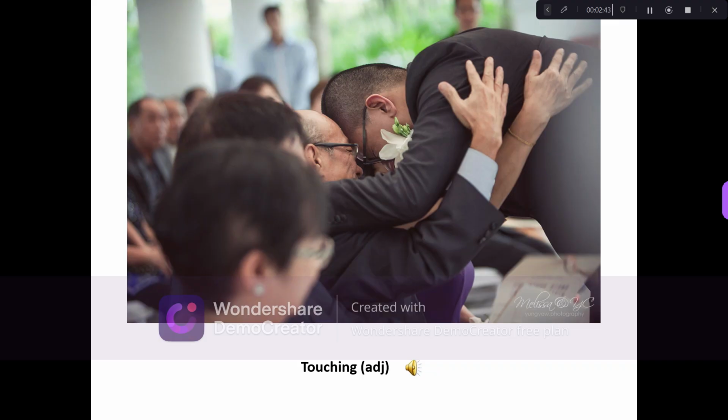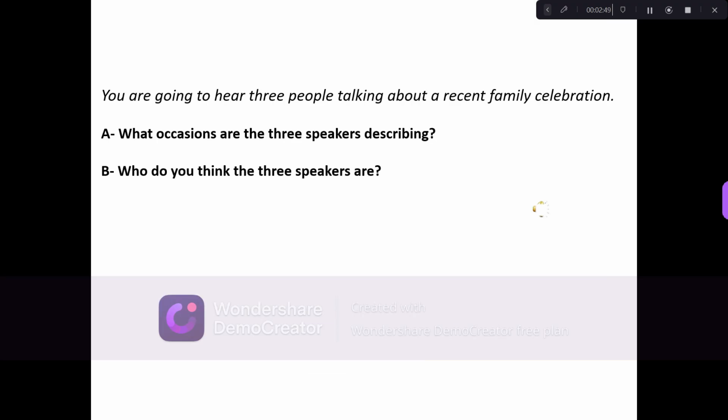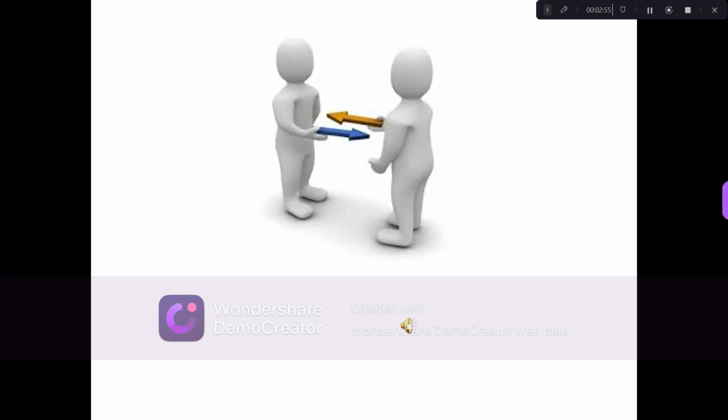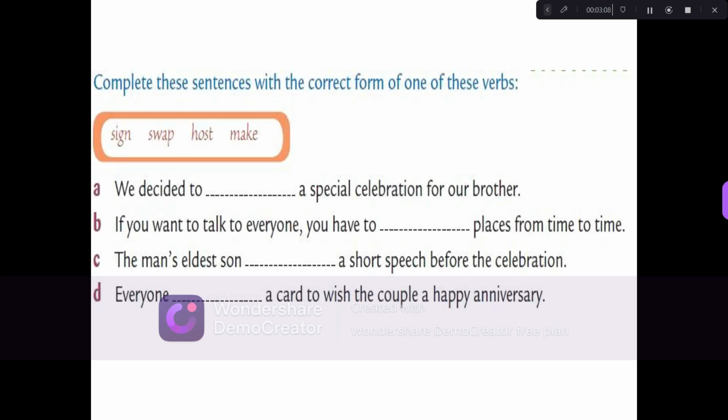Touching refers to the kind of feelings which can be sensitive. Swap. Swap means to exchange something, to exchange goods or to exchange ideas also.